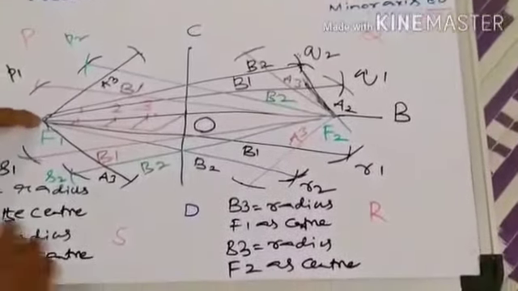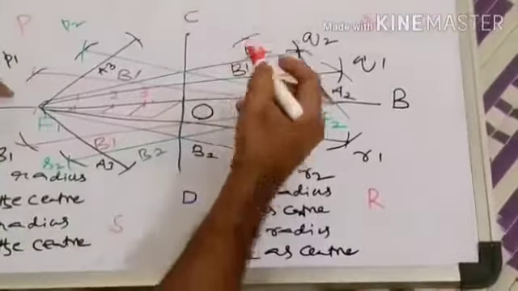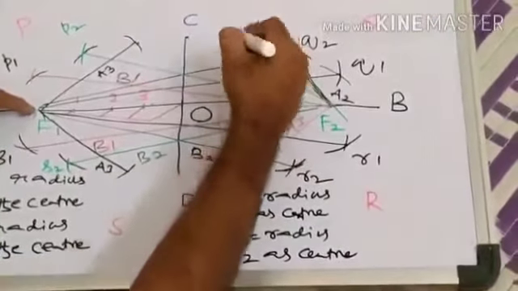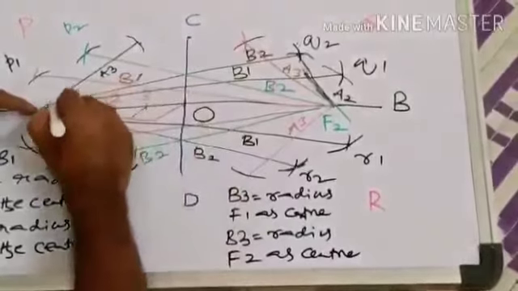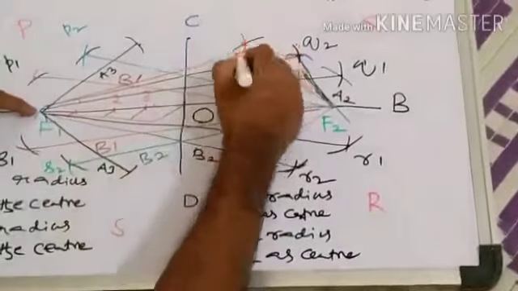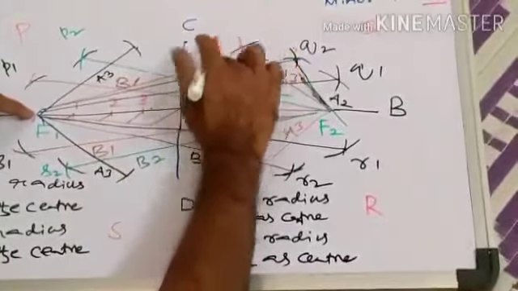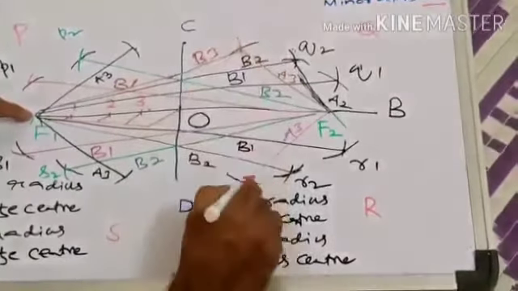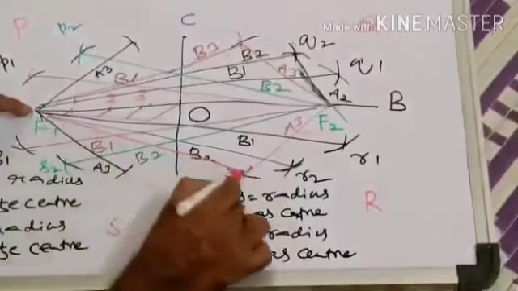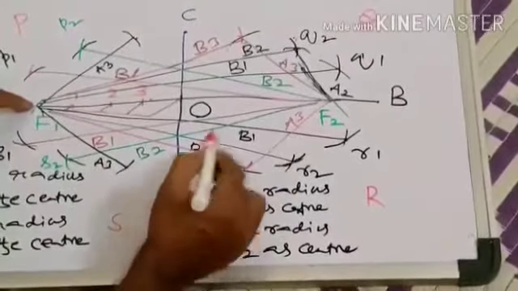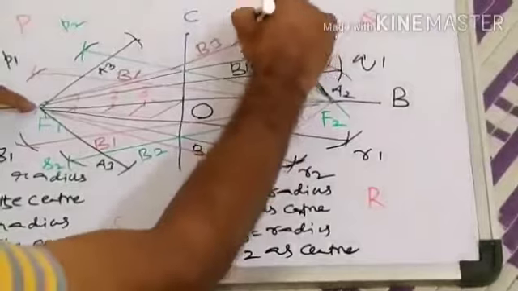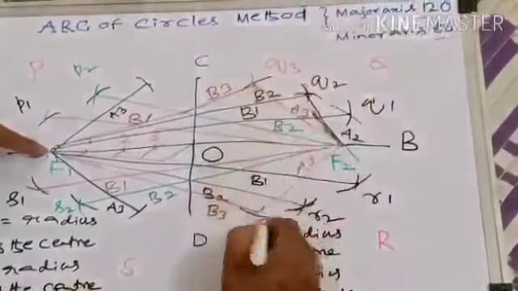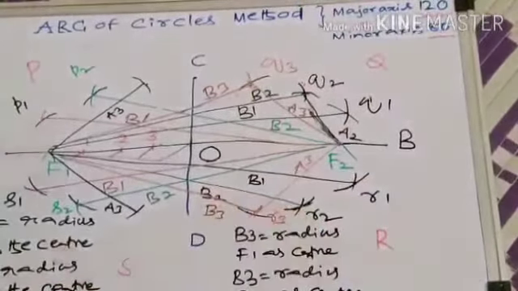You have to cut the Q portion point. So therefore it becomes B3. Here also B3. You are getting here Q3, R3.